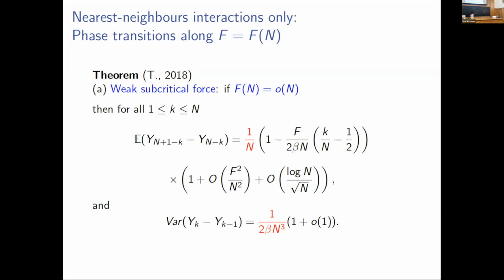They cover the interval regularly with order 1 over n. Maybe this is not so spectacular, but most interesting here, the order of fluctuation is 1 over n cubed, not a square. And then what happens next? Then we reveal this interesting feature.